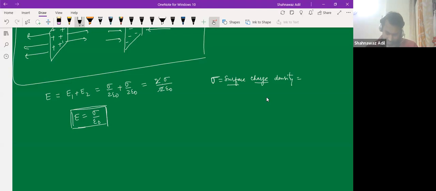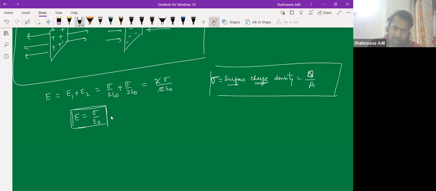The formula for surface charge density will be charge by the area. Charge by area. Yes, that is correct. That is the surface charge density, right? Charge is Q, surface area is A, and density means you are dividing by area. Yes, that is correct.